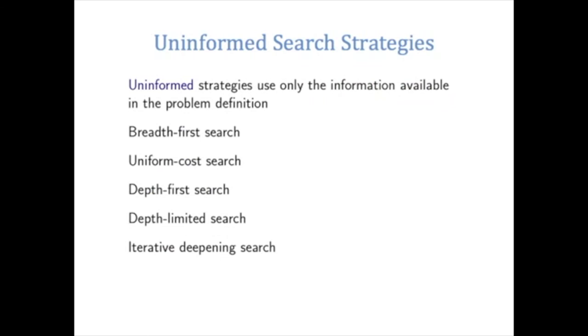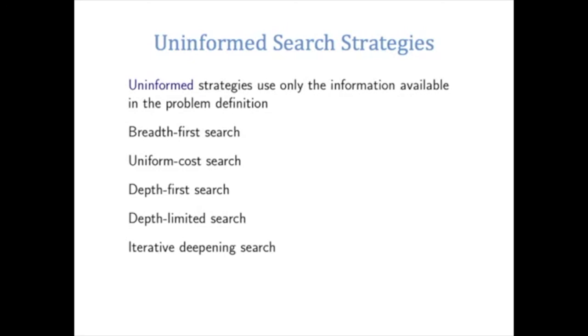So we're going to focus here on what the book calls uninformed search strategies. That is, they use only the information available in the problem definition itself. There's no other kind of outside reasoning like we did with our Wumpus world.